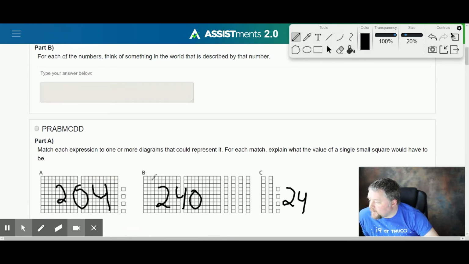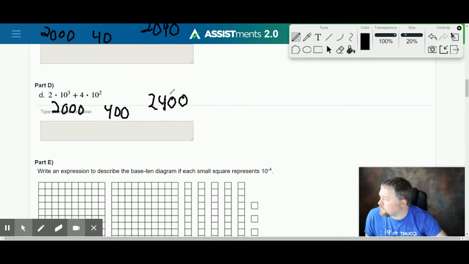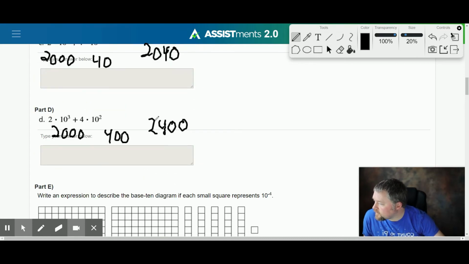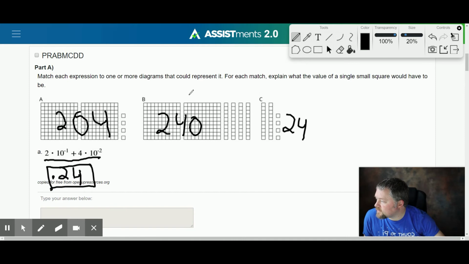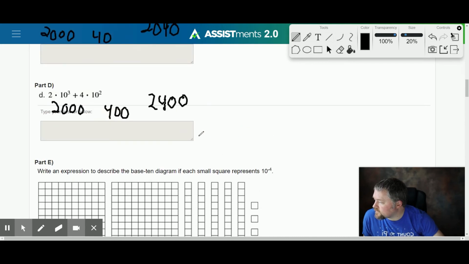Well, that could be B or it could be C. B and C both work for that. 2,400, 24, we multiply that by 100, that gives us this. B, multiply it by 10, that gives us this.